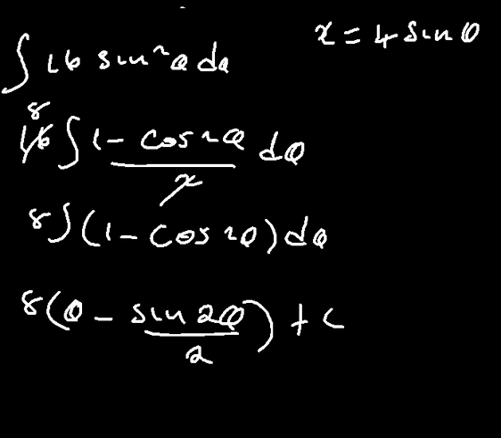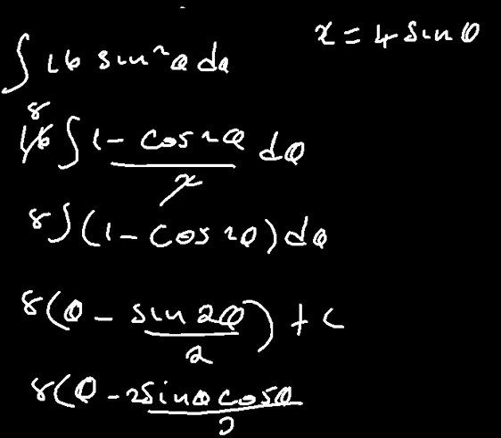And mind you, sin 2 theta is the same as 2 times sin theta cos theta. That is the double angle identity for the trigonometric functions, plus c here.